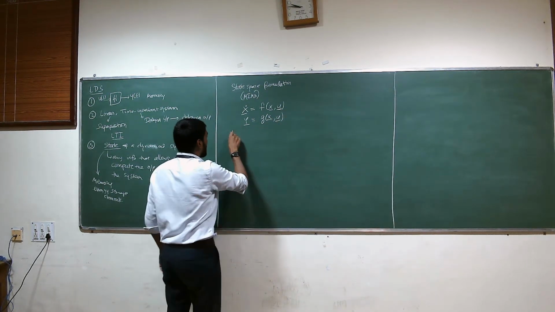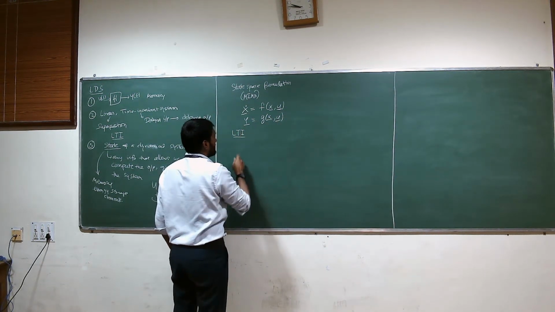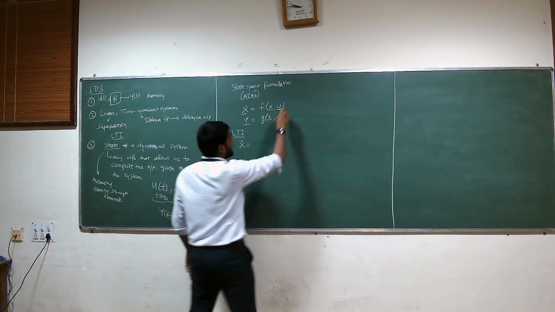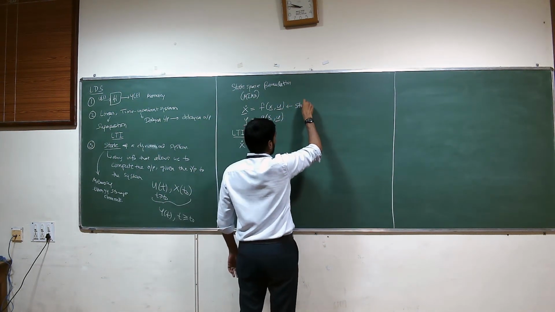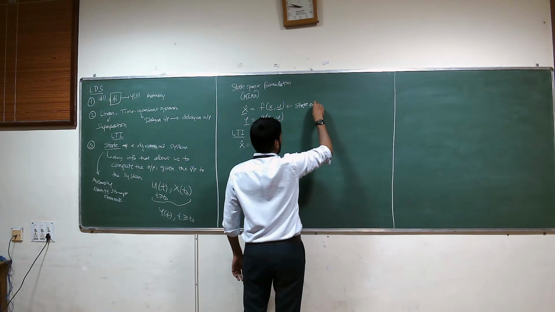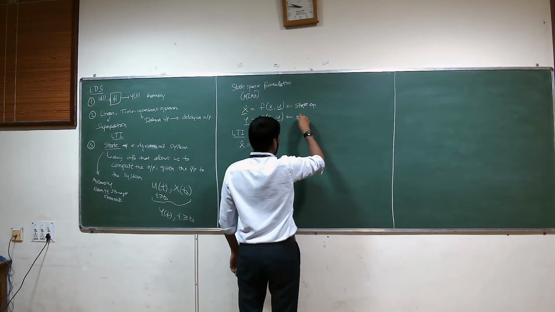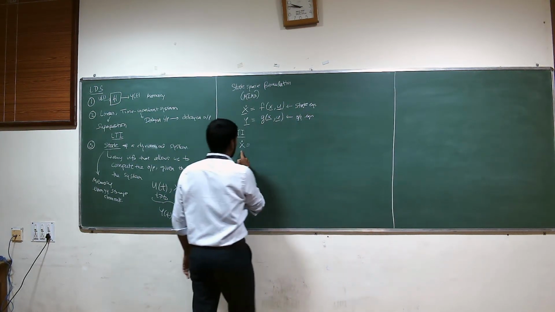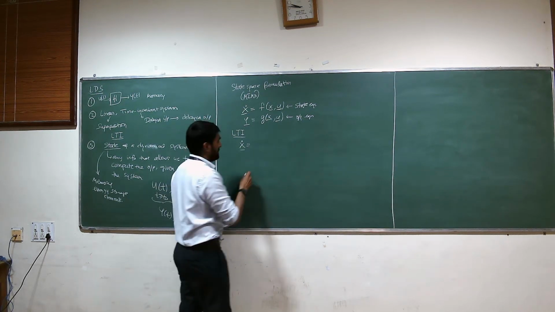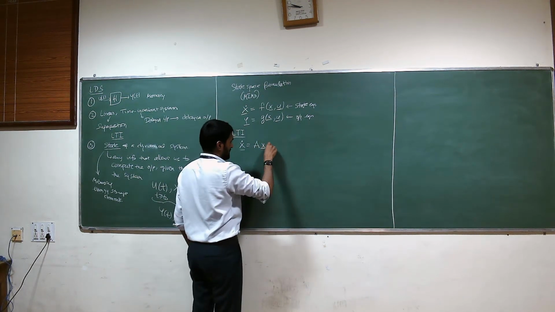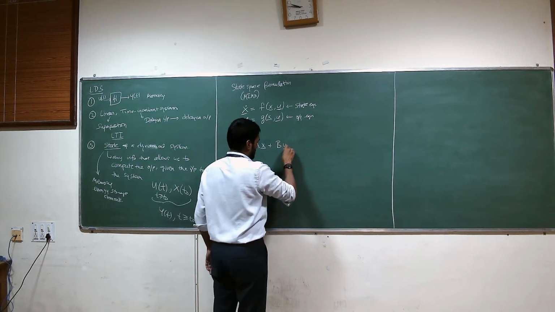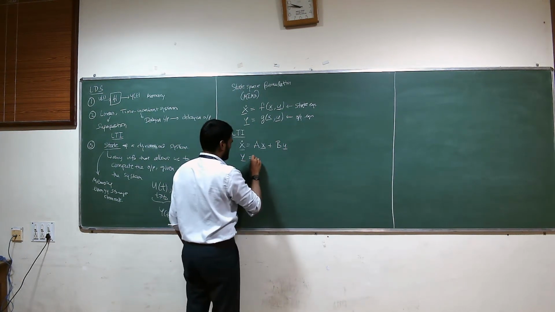If you are dealing with an LTI system, then what do you have? So this is a state equation. And then if it's LTI, then you have Ax, where your output is.